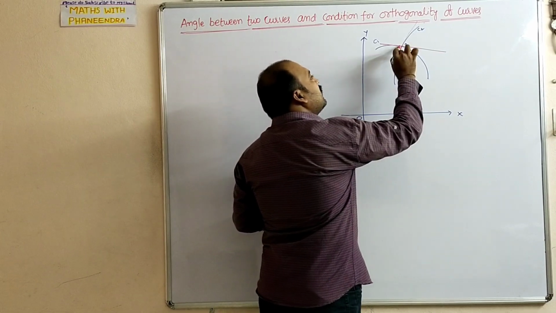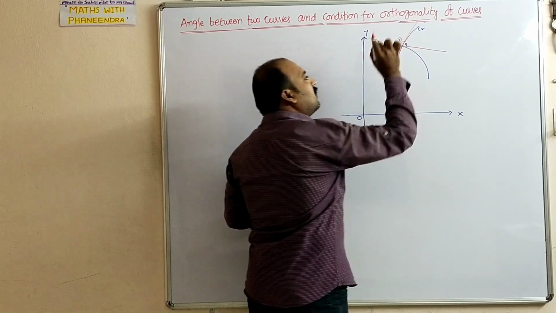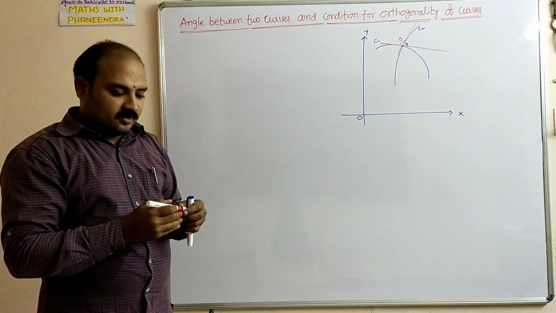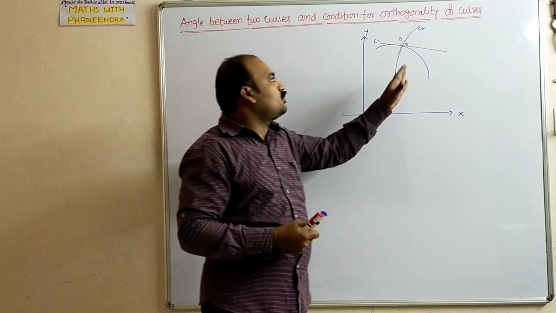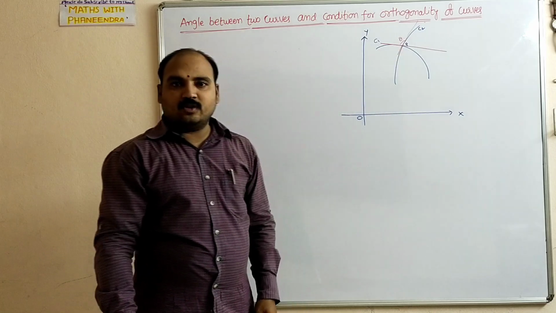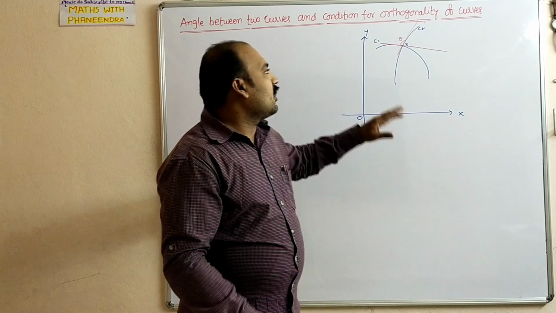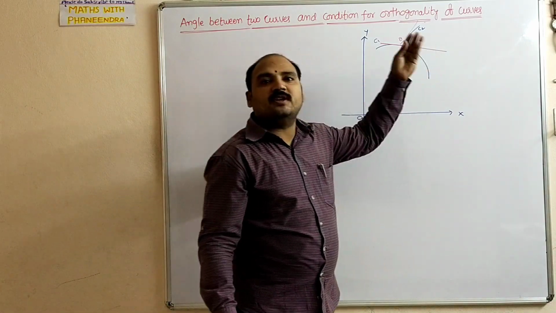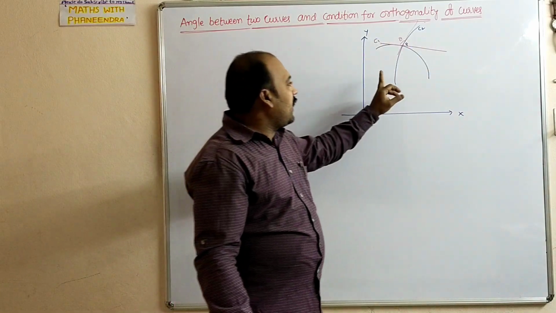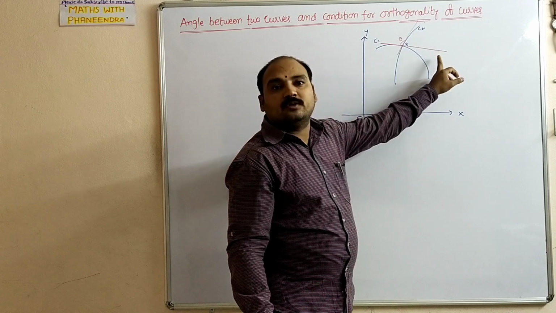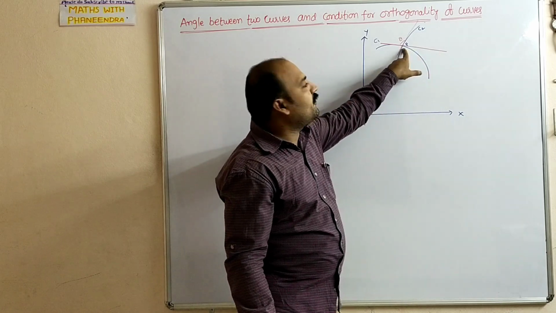The angle between them, if you assume it's theta, is then the angle between the two curves. So once again, the angle between the two curves is defined as the angle between the two tangents at their point of intersection.